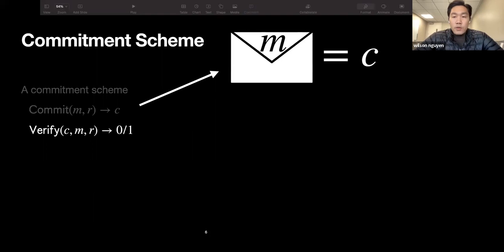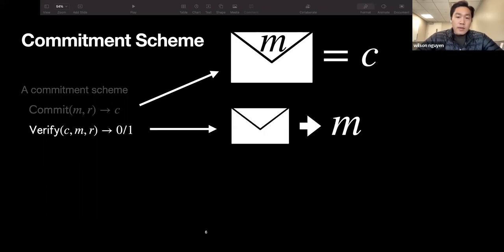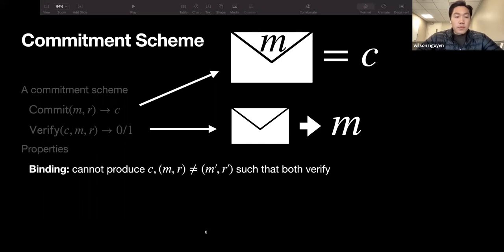There's additionally an algorithm called verify, which takes in a commitment C, a message M, and the randomness used previously to commit, and outputs 0 or 1, whether the commitment coincides with that message and randomness. So you can think of it as opening the letter and confirming that the M as input to verify is actually the M contained in the commitment. It has two properties.